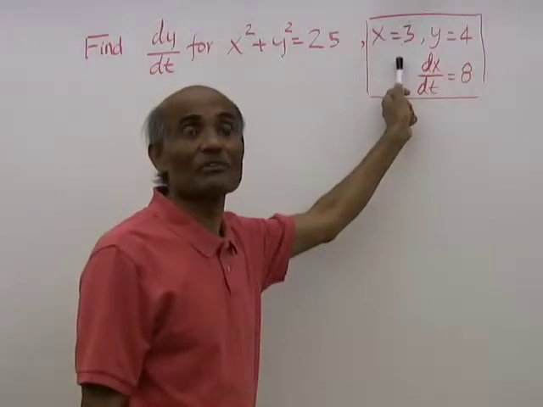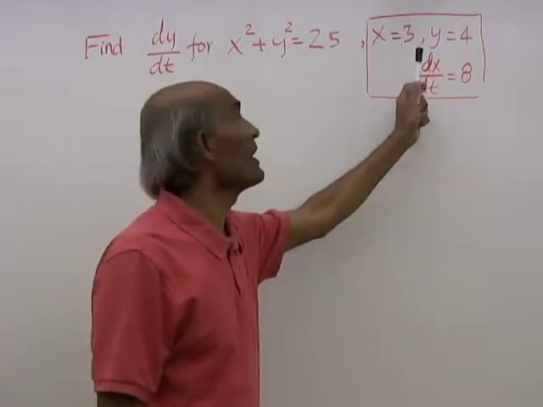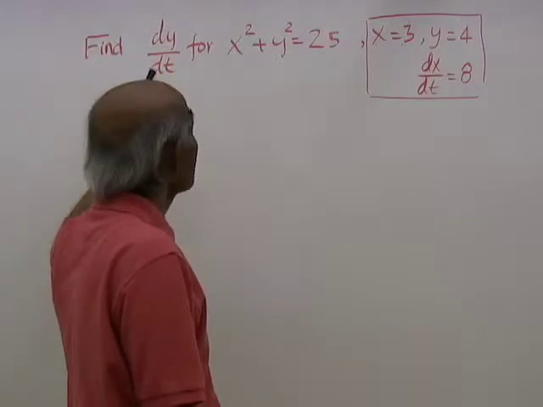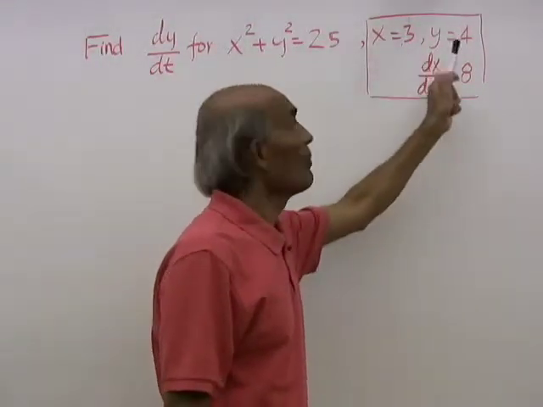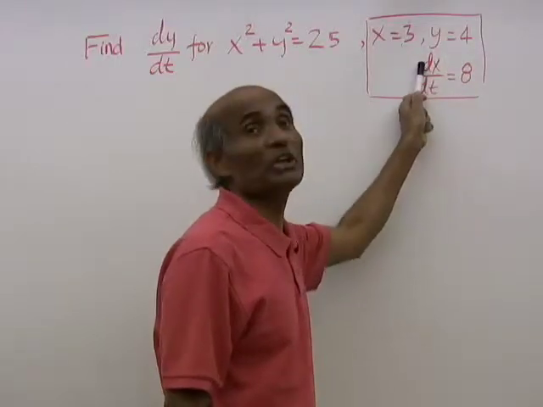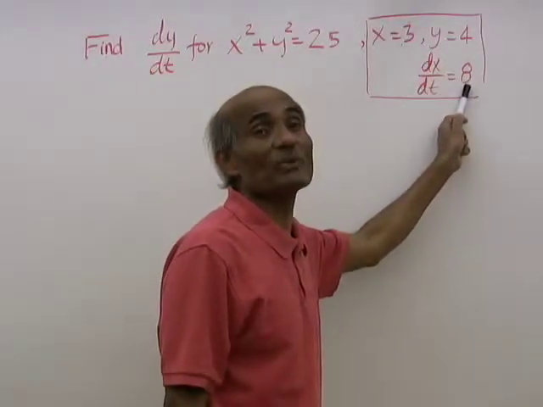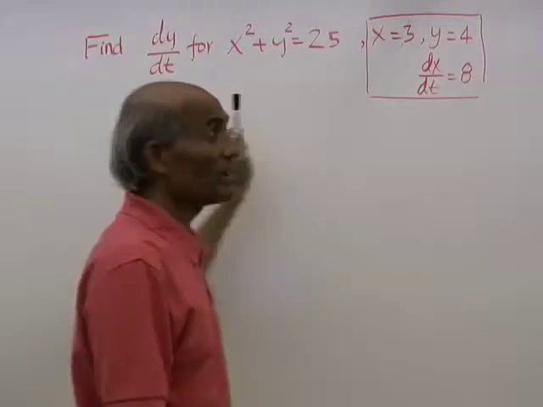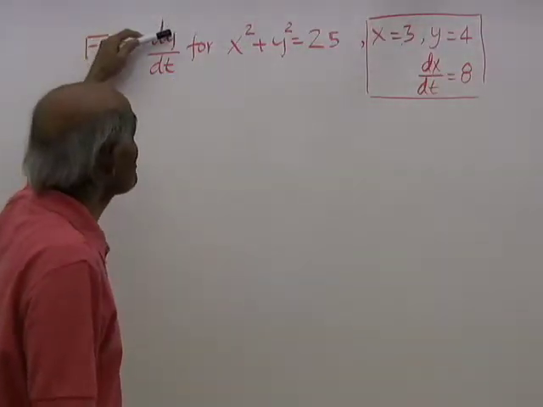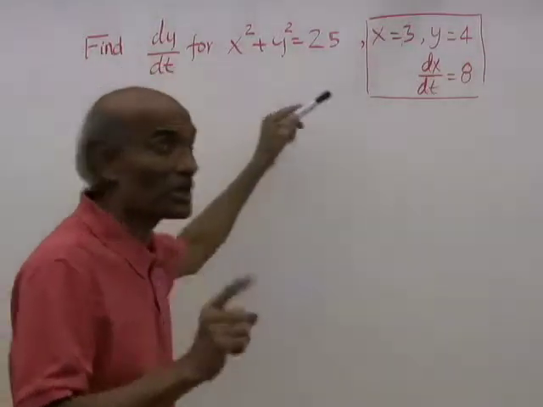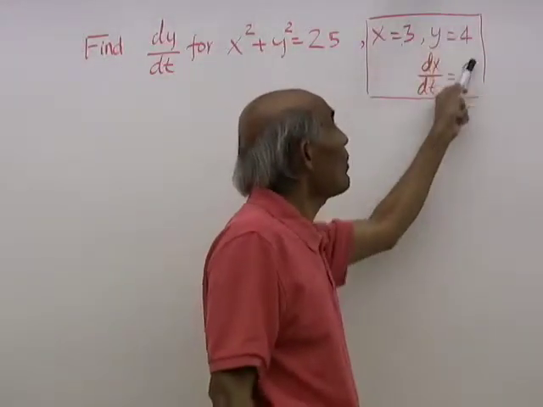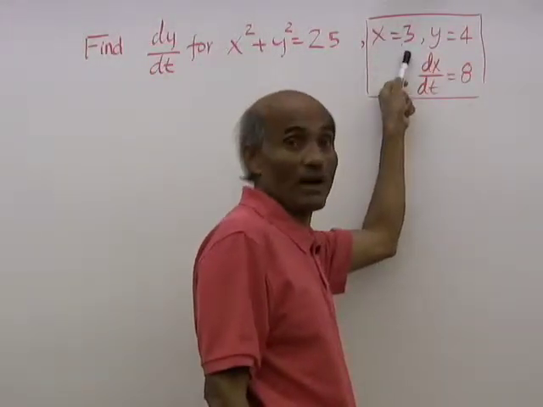The information given is, we need to find dy by dt when x equal to 3, y equal to 4, and dx by dt equal to 8. Now remember, we are finding the rate of change of y with respect to time, at a particular instant when all these given values are there.